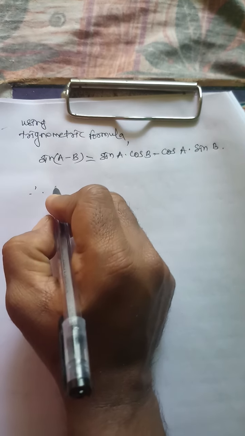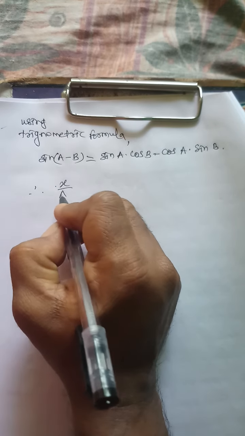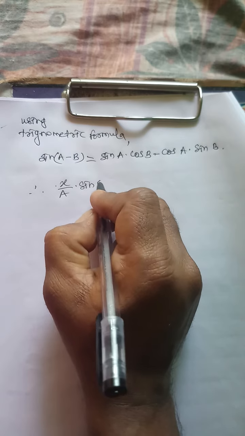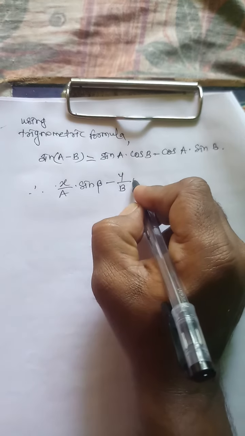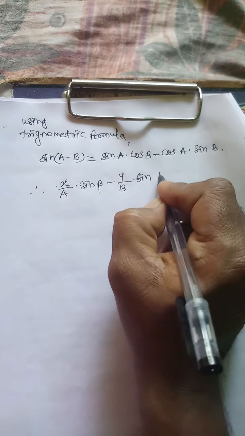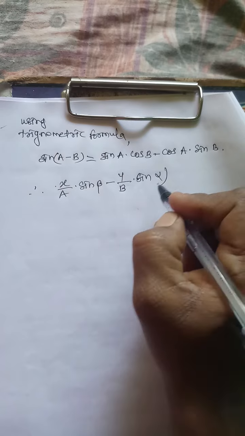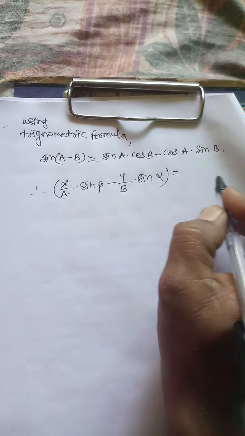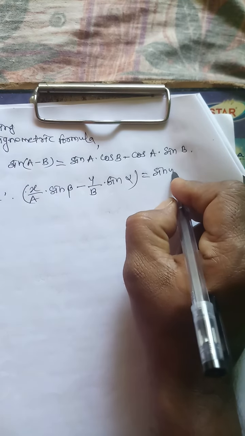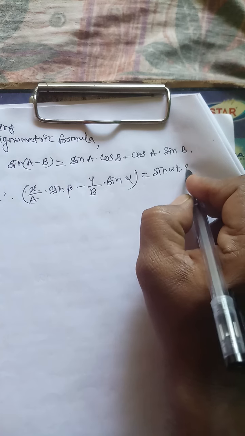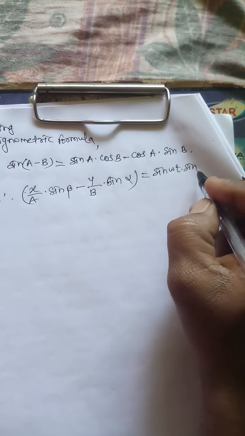Using this formula, we can determine the above expression. Therefore, x upon a into sine beta minus y upon b into sine alpha is equal to sine omega t into sine of beta minus alpha.